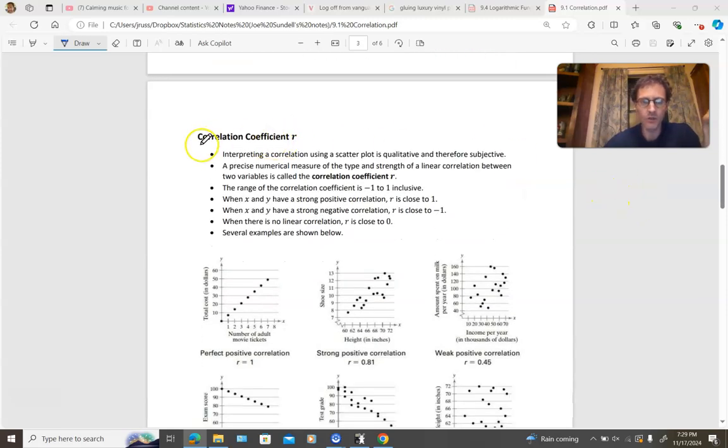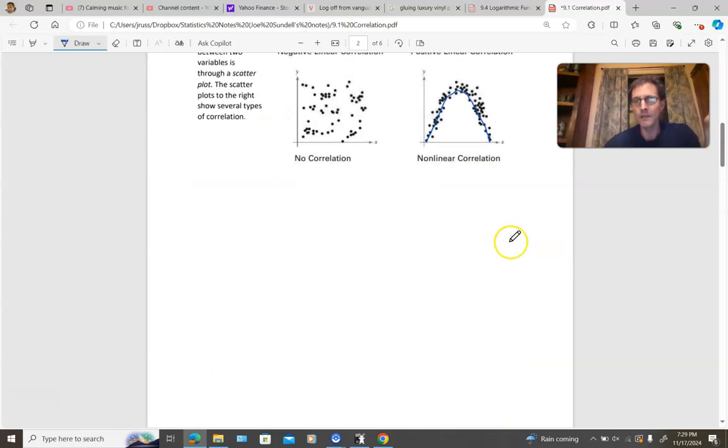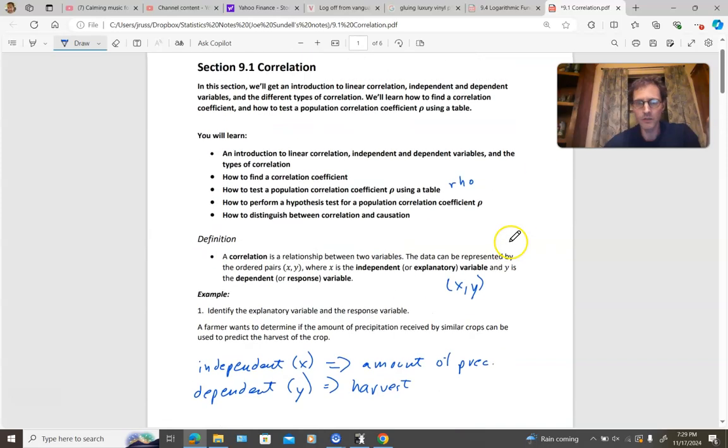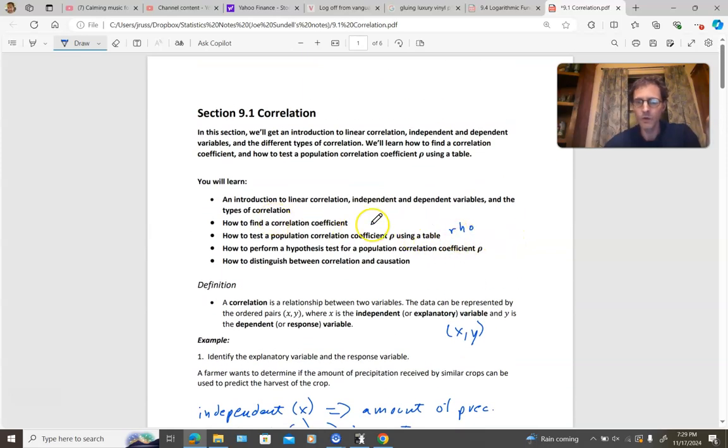Okay, so we have a way to quantify that. We use what's called a correlation coefficient. Okay, and we give it the name of R. So I want to point out here that R will represent the correlation coefficient of the sample. And then rho, which I mentioned above, rho is the correlation coefficient of the population. Okay, so there's a difference.